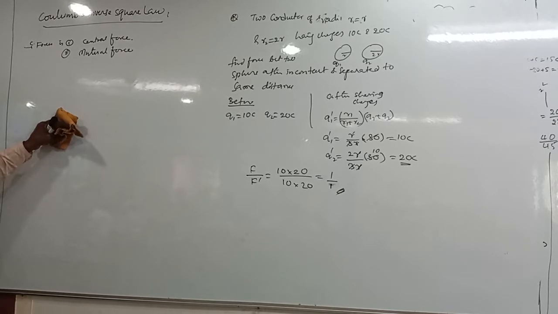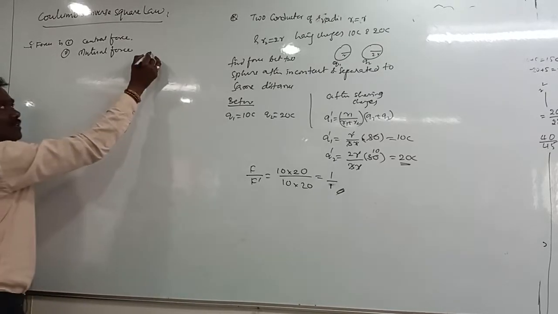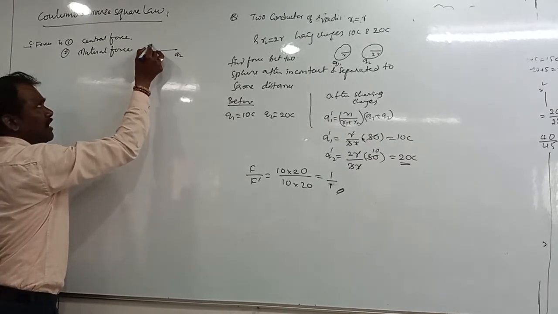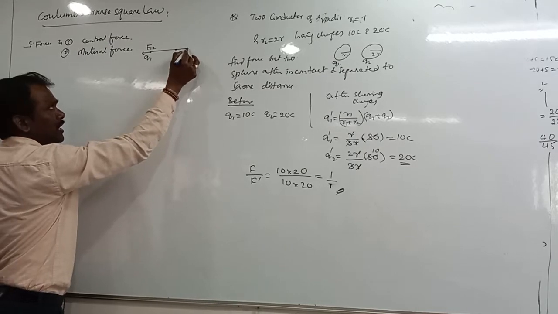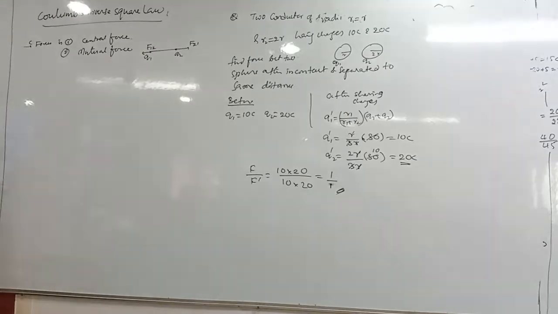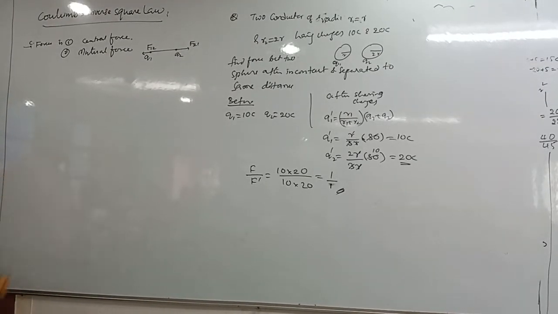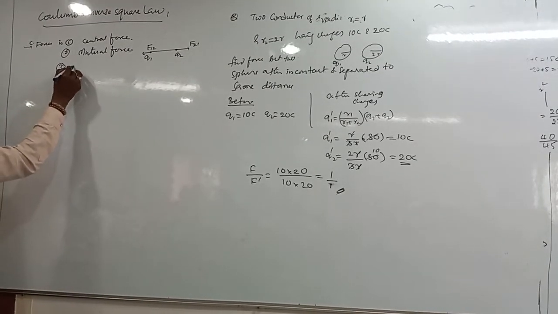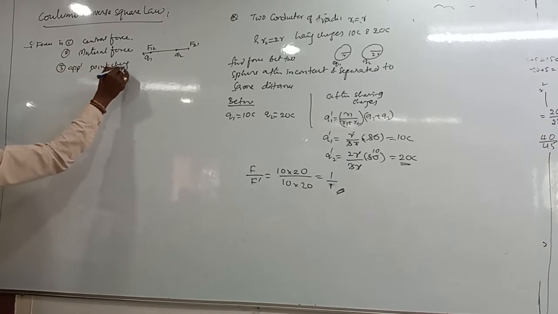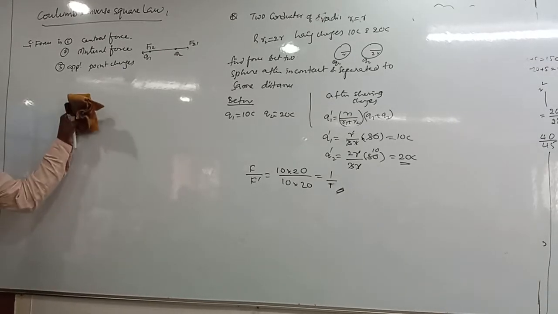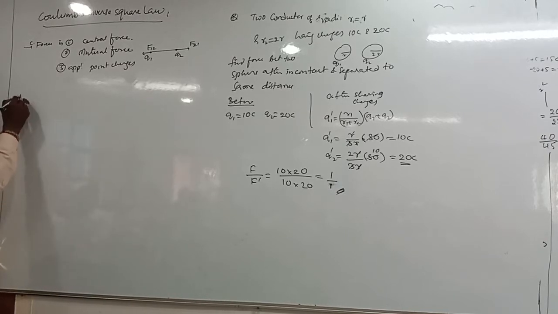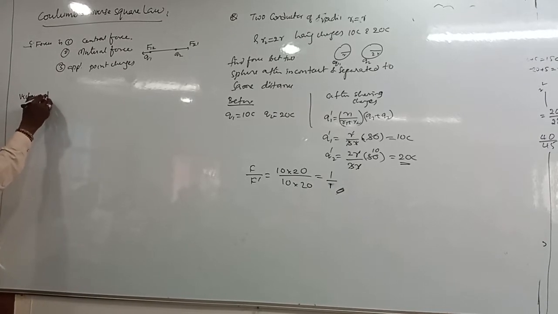The force on Q1 due to Q2 is F12, and the same amount of force acts on Q2 due to Q1. So these are mutual forces, and it is applicable for point charges. And see here, what is the vector notation here?